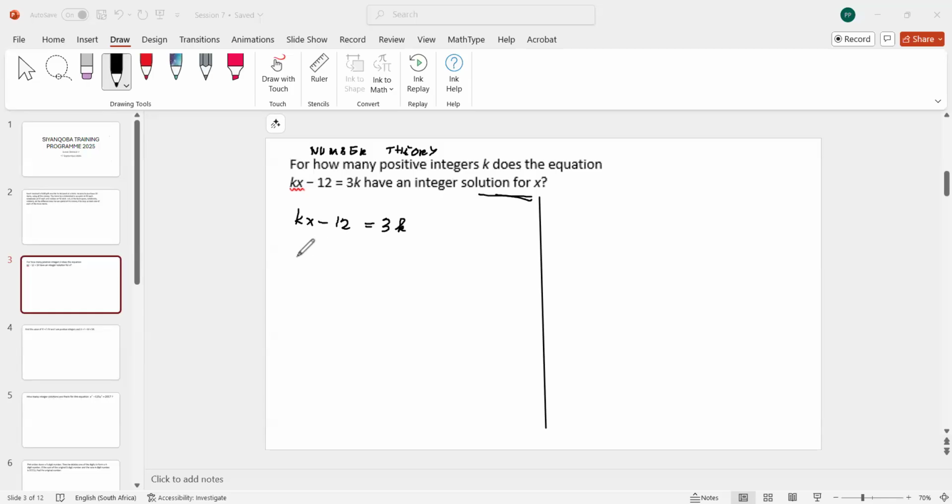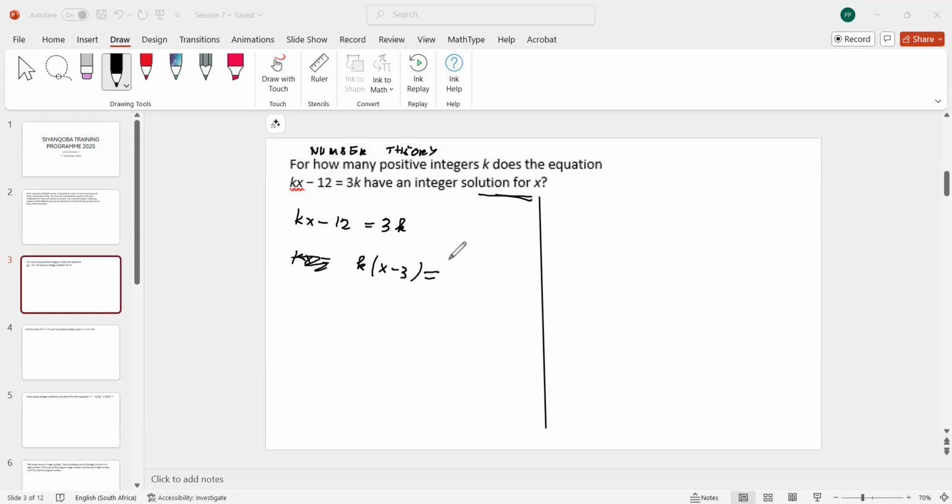So you have kx, bring it to one side. Or better still, I can put k into x minus 3. The k is on both sides. Let's take minus 3k on the left-hand side. Then you get kx minus 3k, and I've taken the k out.